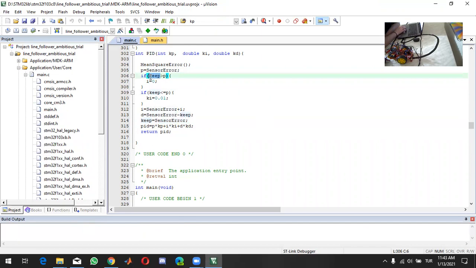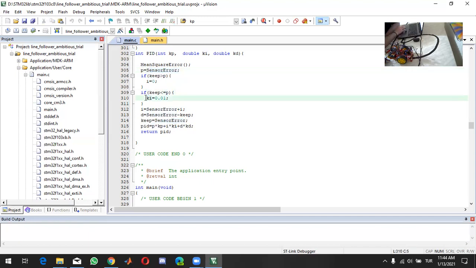If the old sensor error is bigger than the new sensor error, you can make this I 0. If the keep value, the old sensor value, is less than or equal to the new sensor error, that means there is nothing changed.